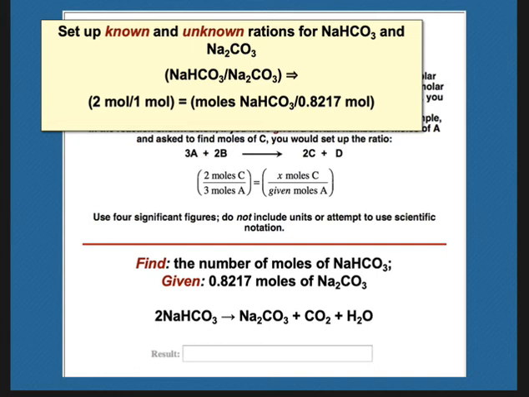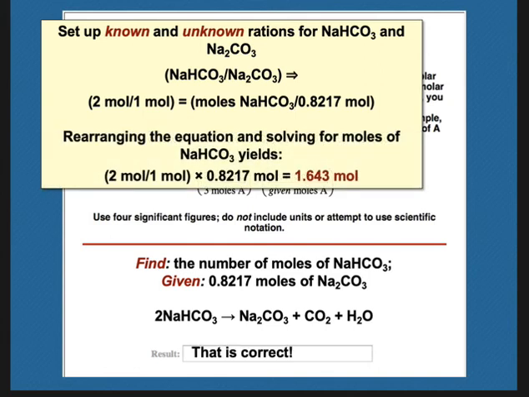Our X here, what we're trying to find, that's this, divided by the given, which is 0.82. All we do is our simple math here, 0.82 times 2 divided by 1, and we get 1.6. Even simpler than the problems that we've done previously because I tell you what the finding given are. Any questions?